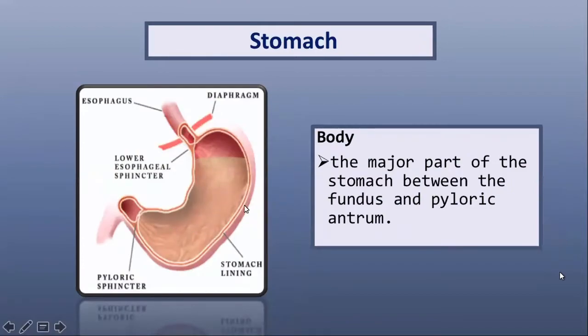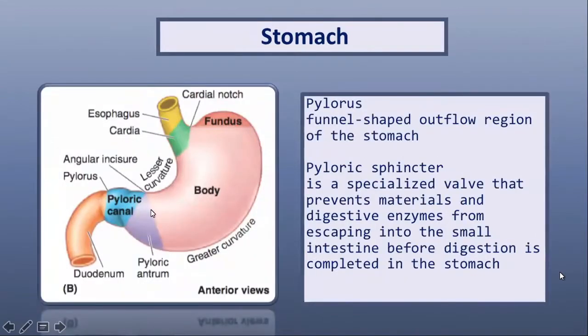Next, you have the body. The major part of the stomach would be the body, between the fundus and your pylorus. And the last part, a very important part, would be your pylorus. This is your pylorus, the funnel-shaped outflow region. Outflow meaning coming from the stomach, the contents of your stomach would now enter your duodenum.